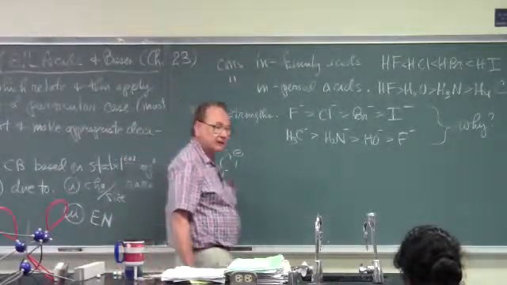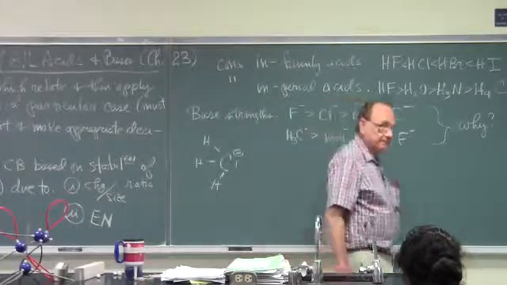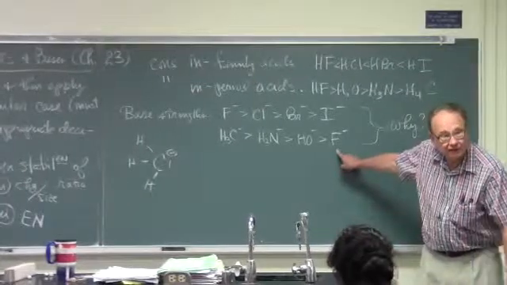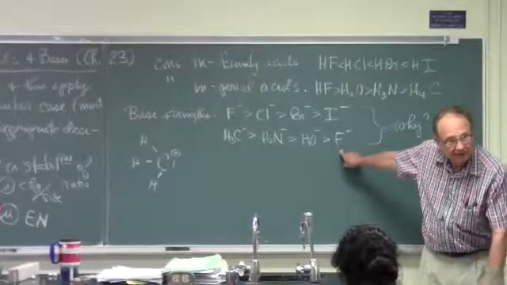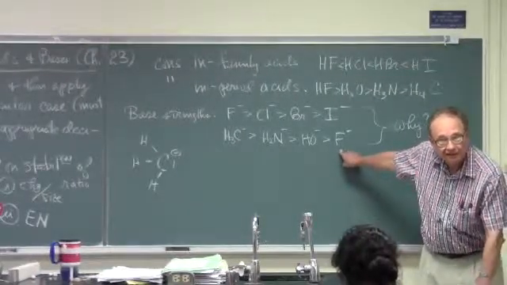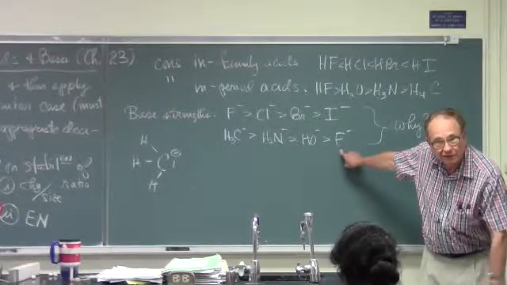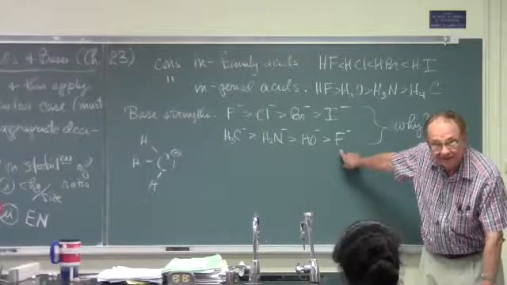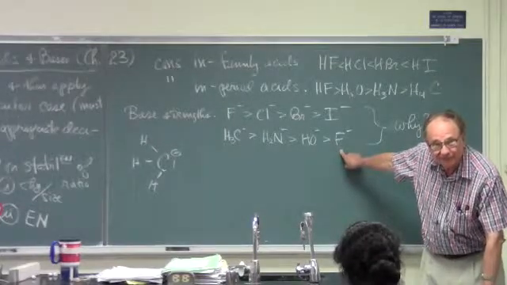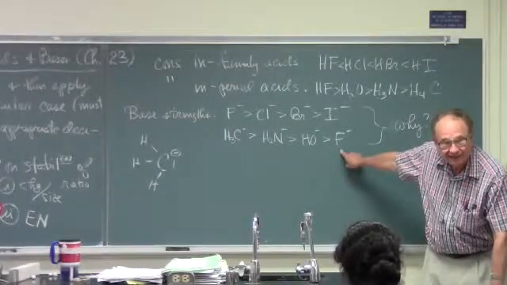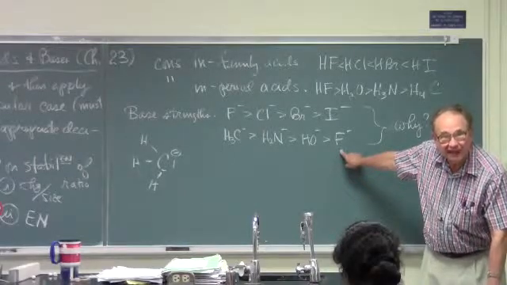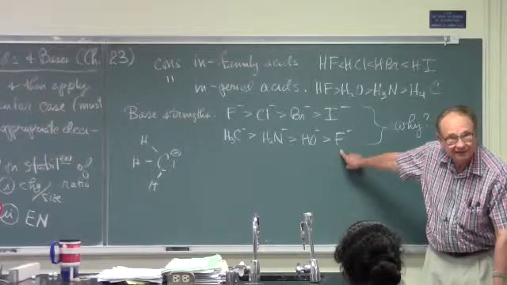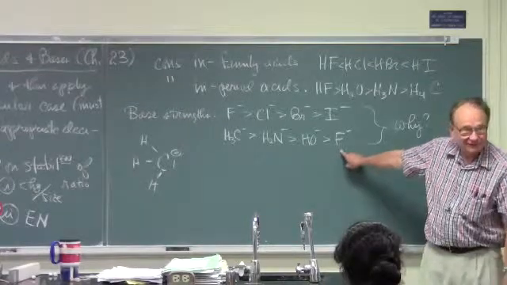So based on electronegativity, I expect this to stabilize its negative charge density most effectively. That makes this the weakest or strongest base? Say again. You're stabilizing negative charge density by electronegativity. That makes the negative charge density stable, not reactive. Makes this a stable base. Does that fit the facts? Yep, that fits the facts.